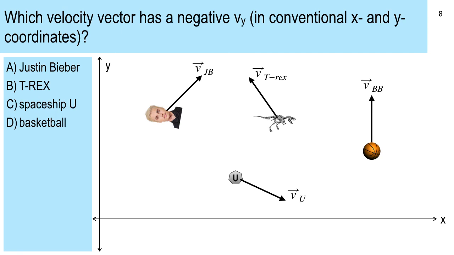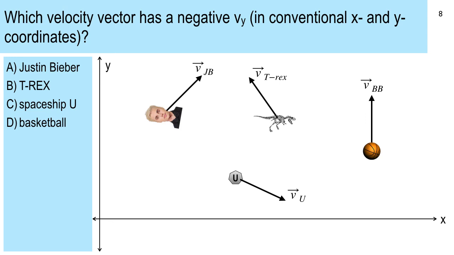15 seconds to vote. 10, 9, 8, 7, 6. Because this one should be cinchy. 5, 4, 3, 2, 1, 0. Uh-oh. We got some splaining to do. Okay.